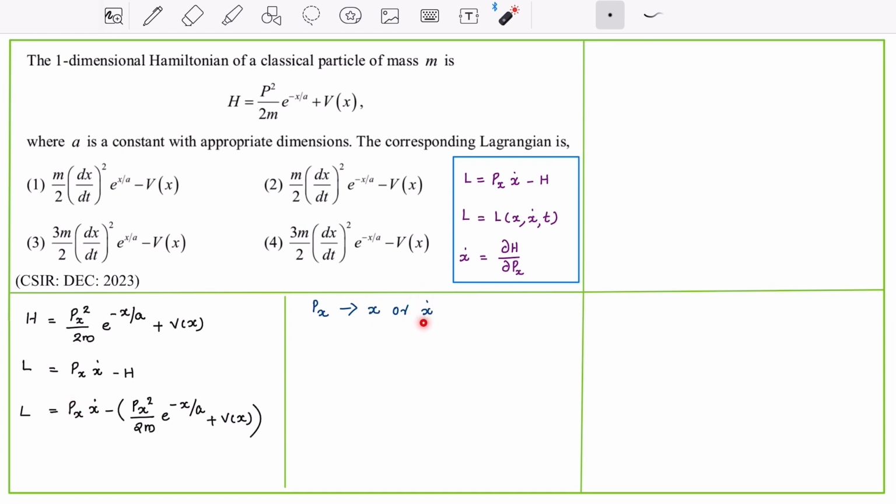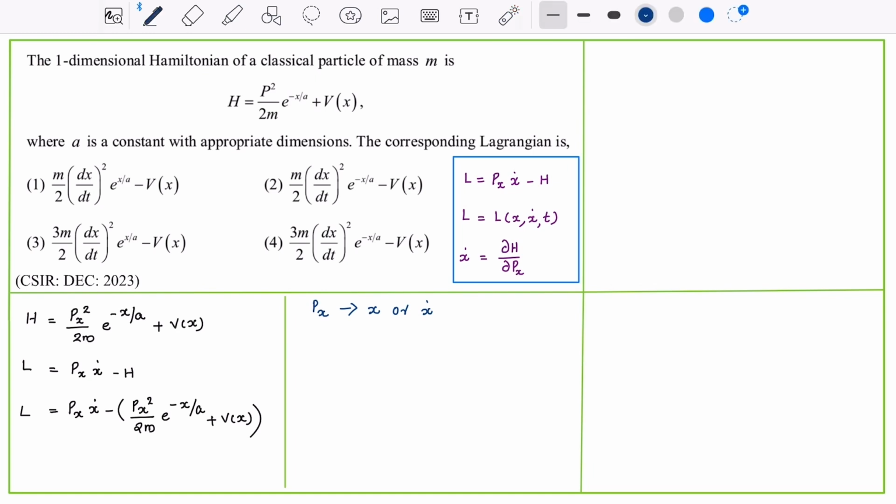For that purpose, let us use Hamilton's equation of motion, that is, x dot is equal to dou H by dou p_x. This is the relation connecting x dot and p_x. We have H is equal to p_x squared by 2m e raised to minus x by a plus V of x.